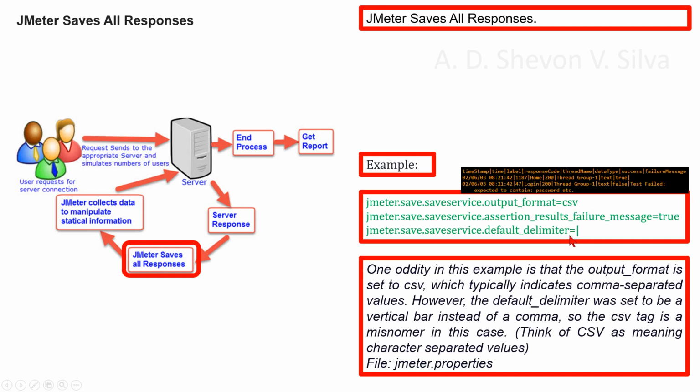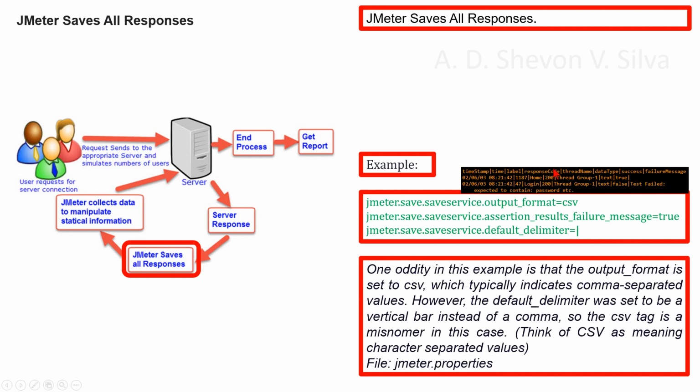These properties in here in JMeter.properties file indicate how to set properties to get vertical bar delimited format that will output results like this.